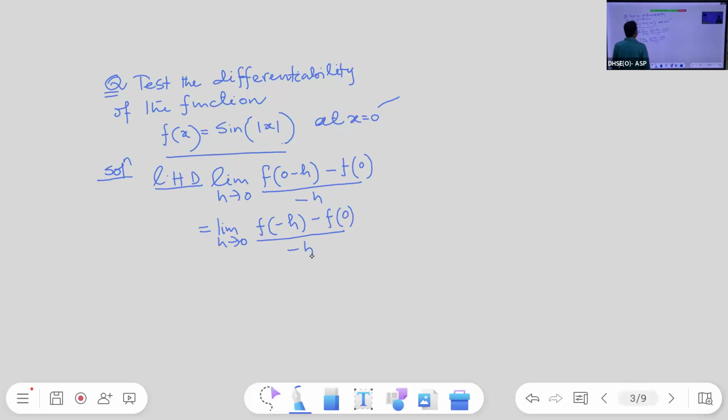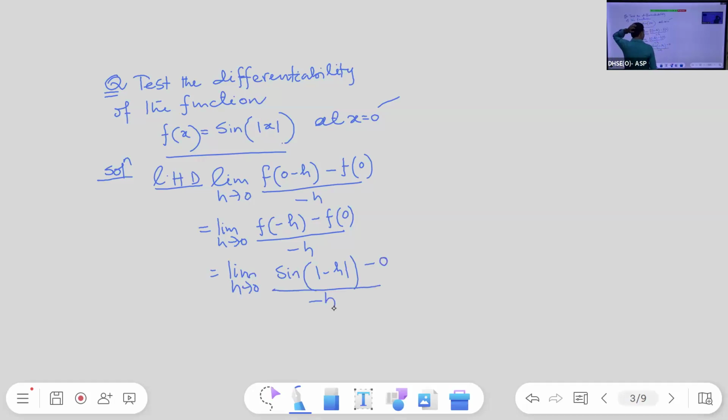f of minus h will be sin of mod of minus h. So this is equal to limit h tending towards 0, sin of mod of minus h minus f of 0, which will be sin of mod 0. Mod 0 is 0, sin 0 is 0, that is 0 upon minus h, right?